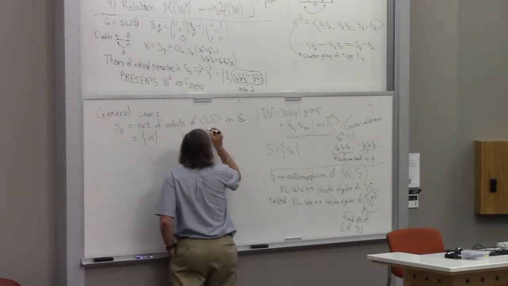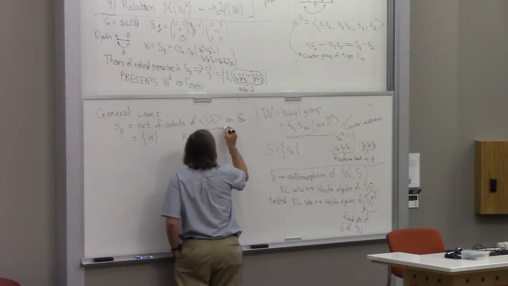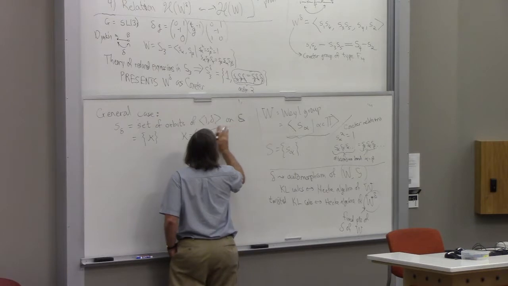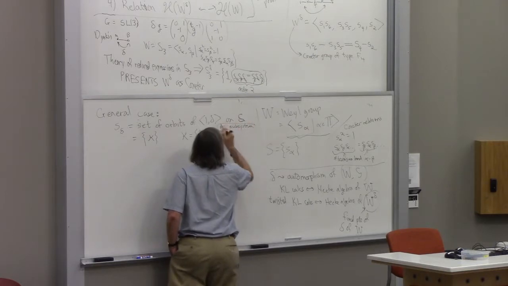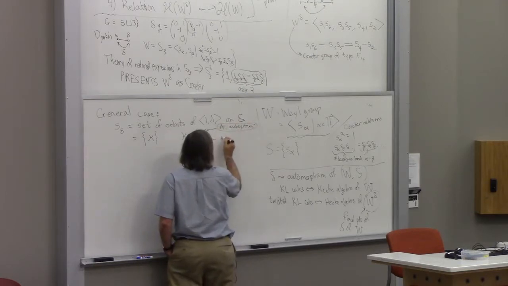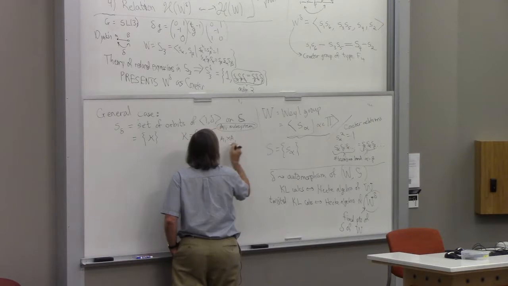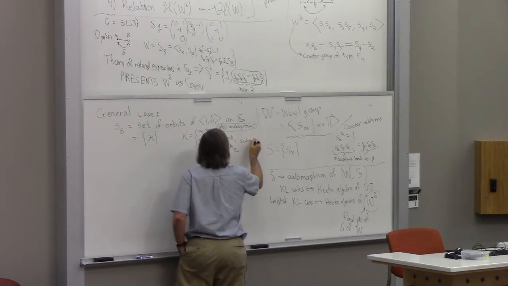And so in this case, this is an A1 subsystem. And in this case, you get either an A1 cross A1 or A2 subsystem.